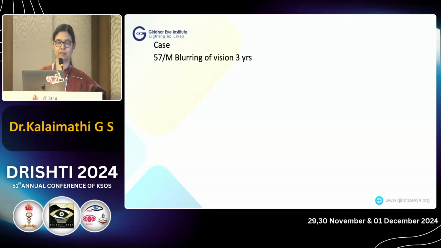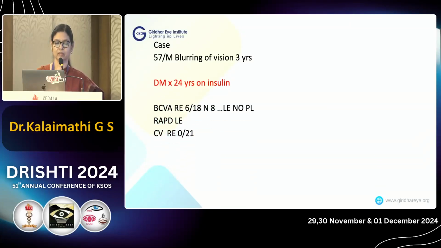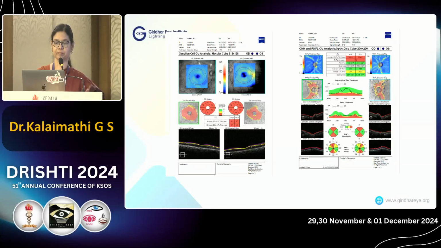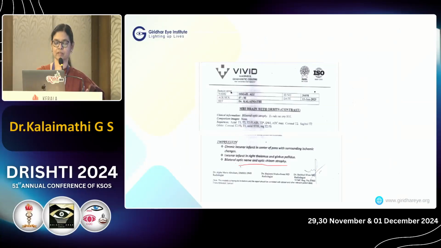Coming to the cases: a 57-year-old male coming with history of blurring of vision of 3 years duration, vision right eye 6/18 and left eye no PL, RAPD left eye, color vision right eye defective. This is both eye optic atrophy. We sent for an MRI, which came out to be bilateral optic nerve and optic chiasmal atrophy.